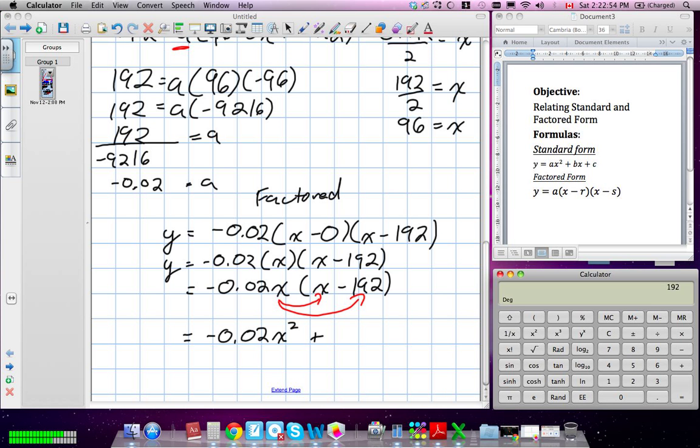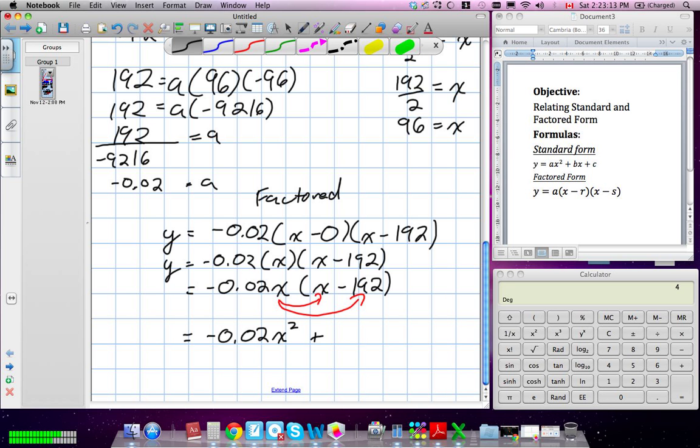That was the original number. I'm going to multiply that by 192. 4. Okay? So I actually got the number 4 when I multiplied it back. That's because I didn't round. So technically this is 4x. And this would be our standard form now. Y is equal to negative 0.02x squared plus 4x.